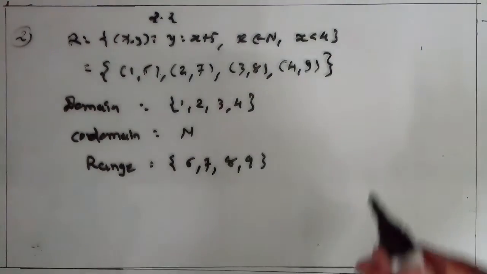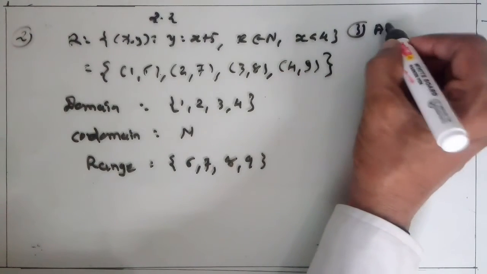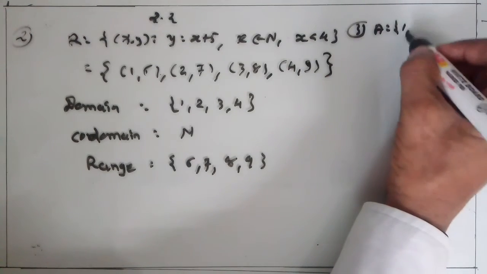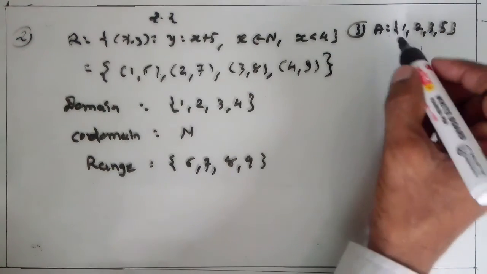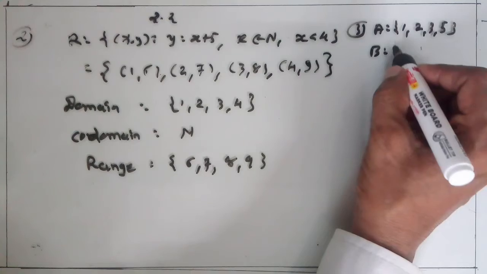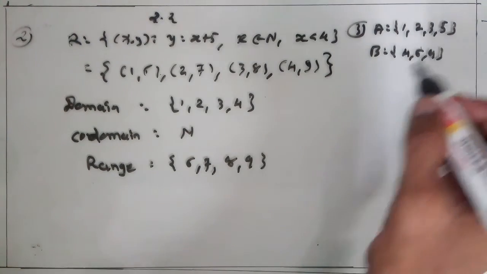Similarly, in question number 3, let A equal {1, 2, 3, 5} and set B equal {4, 6, 9}.